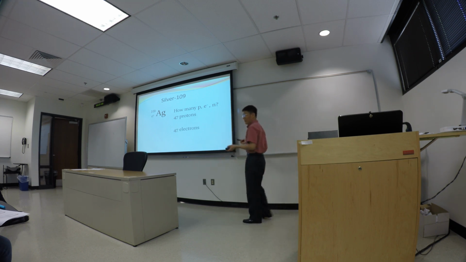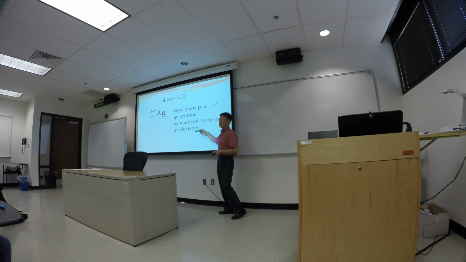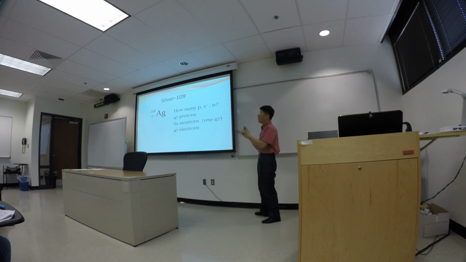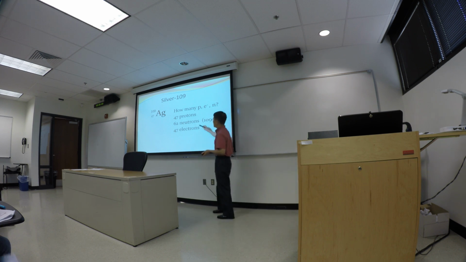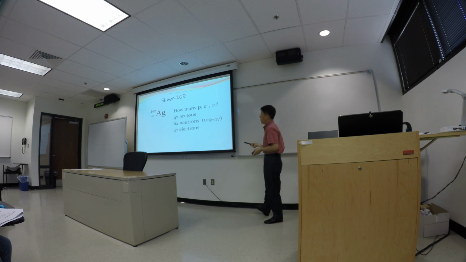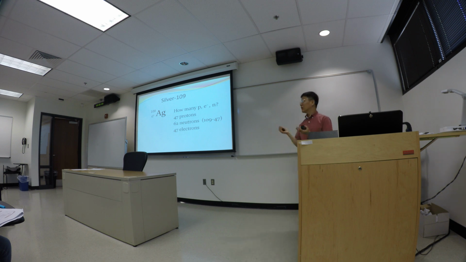And the number of neutrons? 109 minus 47. So in this case, you do have 62 neutrons in there. And silver does have other siblings, the elements within the family of silver, and there are different types of silver atoms there. So the number of neutrons can actually vary from one to another.